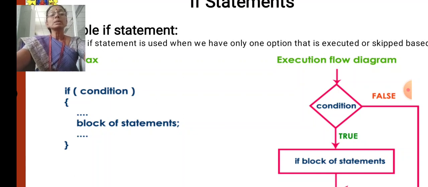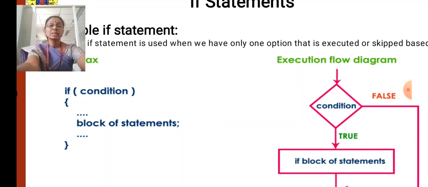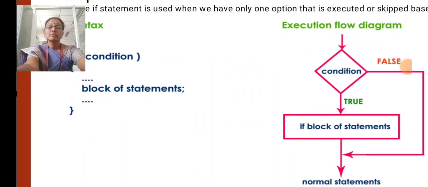If it is not, the flow goes to some other statement in my program. On the right side is the flow chart of the simple if statement. First we check the condition. If the condition is true, the block of statements is executed.